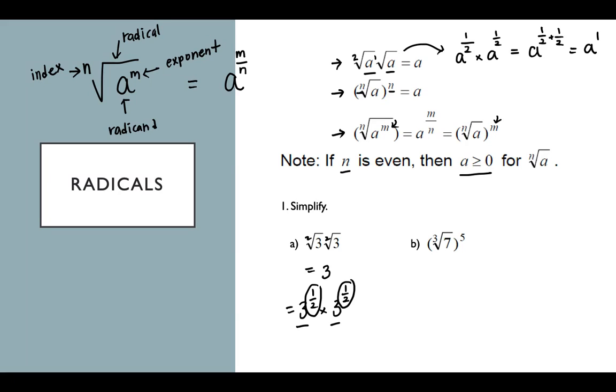Now, letter B is a tricky one. It looks as if it's already simplified, and there's not much you can do if I were to put it in exponent form. So one of the ways you could do it is to split the 5 to make the same index number.